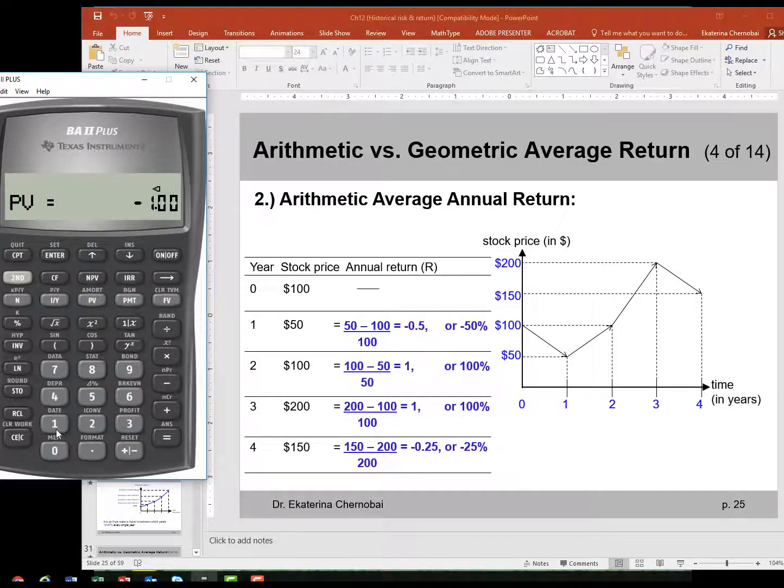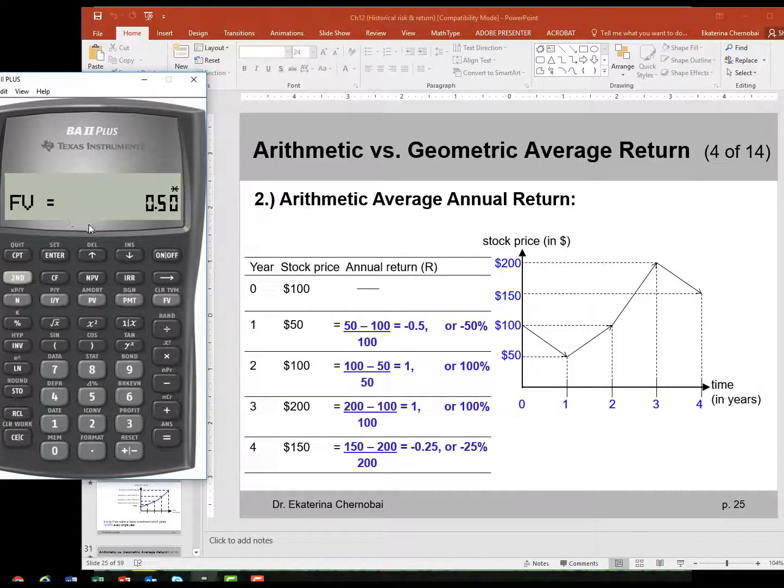So 1 is your N. Negative 50% is your return, IY. How much will you have from your initial $1 at the end of the first year? Compute future value, 0.50. Kind of matches what we have, right? So that's at the end of year 1, right?